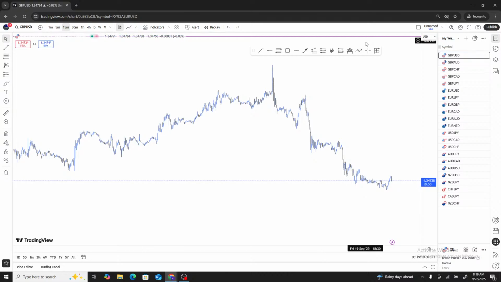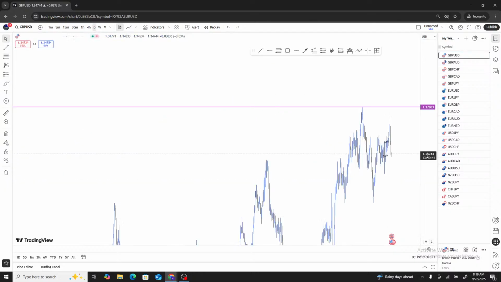Okay, as you can see on the higher time frames, let's see what's happening on the higher time frame.